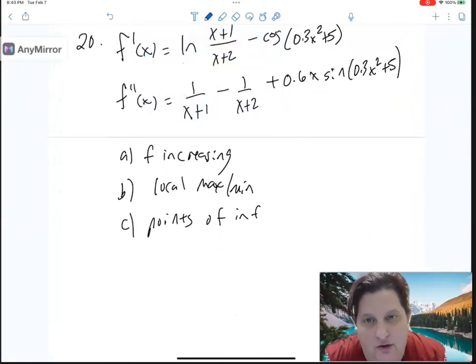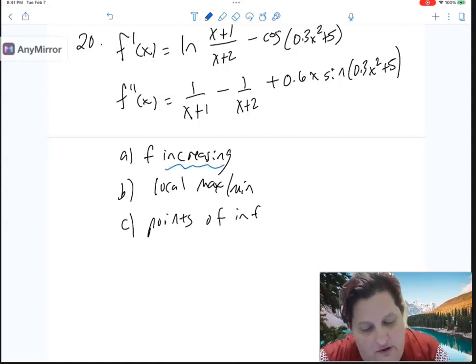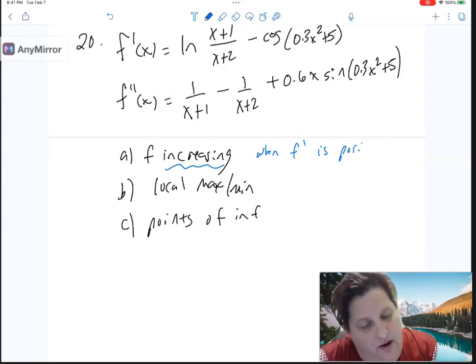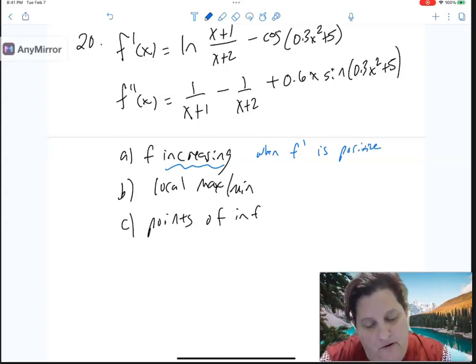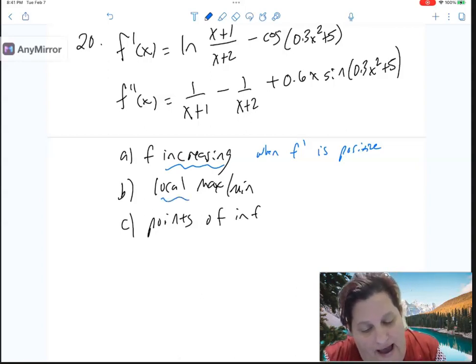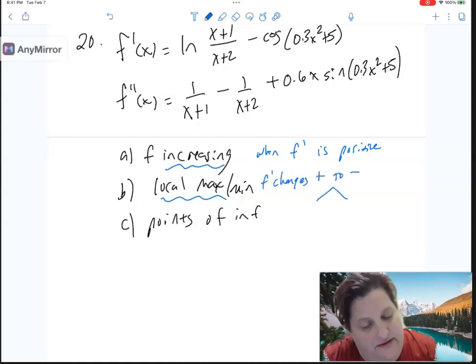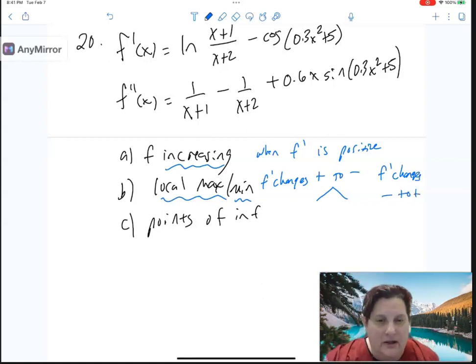We know that, you got to know definitions. F is increasing when F prime is positive. There's a local max when F prime changes from positive to negative, because it goes like that, right? There's a local min when F prime changes from negative to positive. So let's go ahead and look at those.